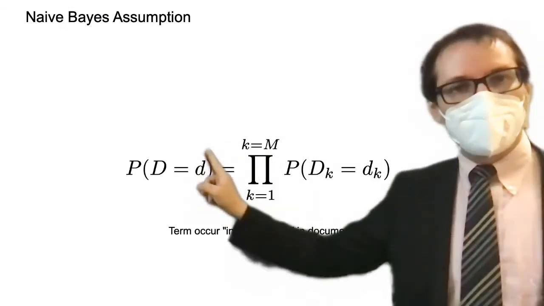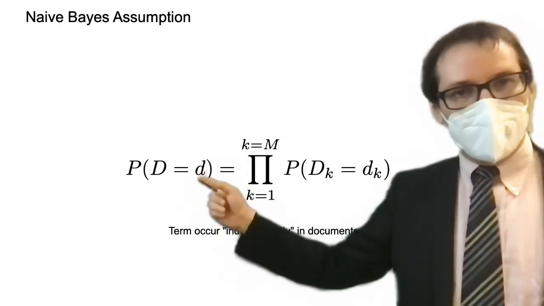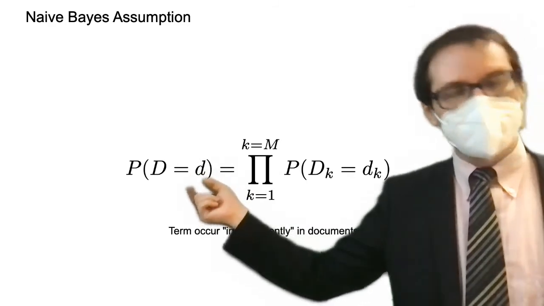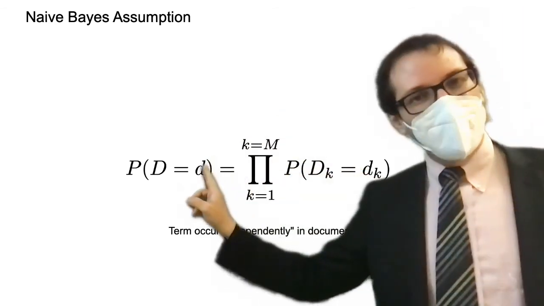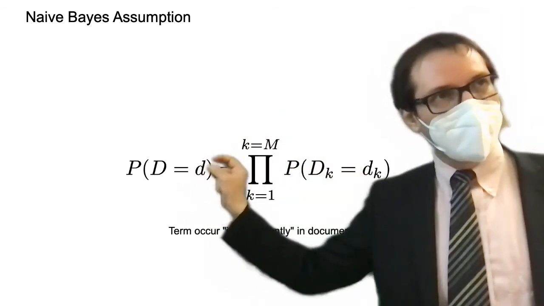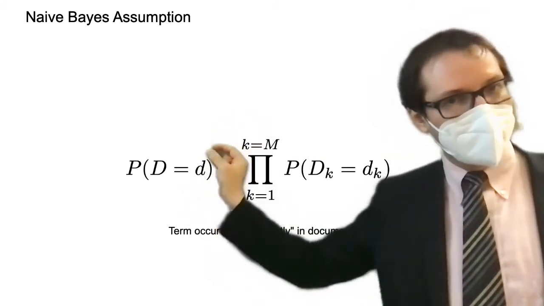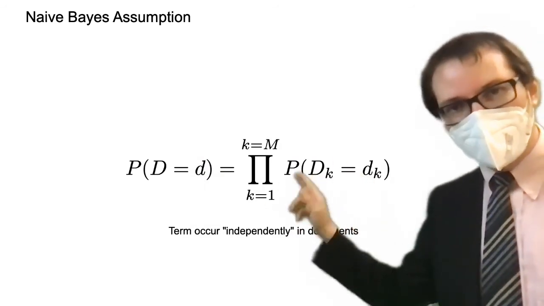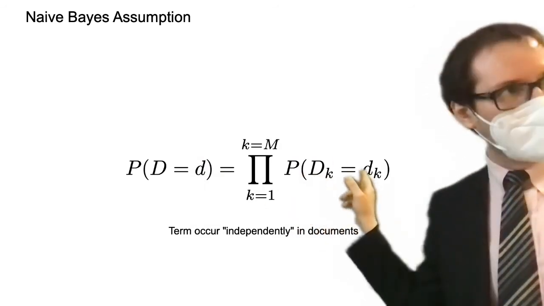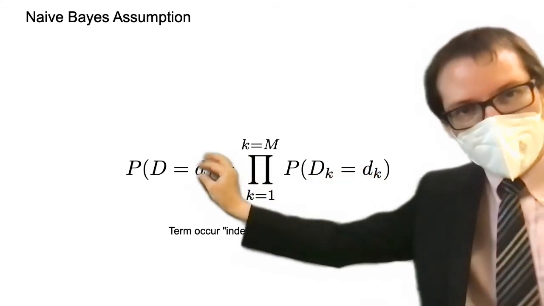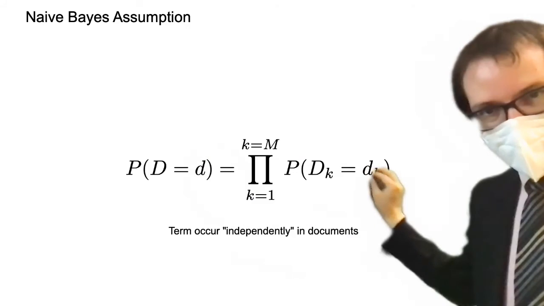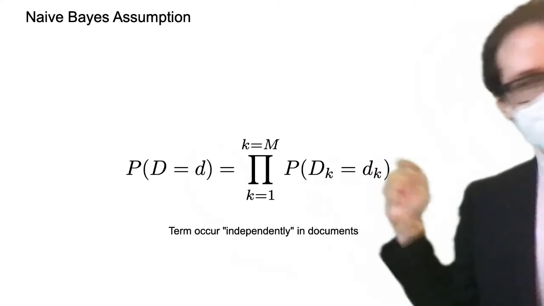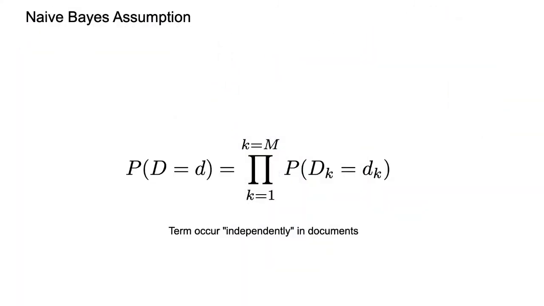So imagine that in this vector d, for k equals 1 we have a 1, and for k equals 2 we have a 0, so the first two Booleans are 1 and 0. Then we have the probability that d1 equals 1 multiplied by the probability that d2 equals 0, right? So I just pick all my Booleans in that specific vector, their coordinates, and I just multiply all of these, right?